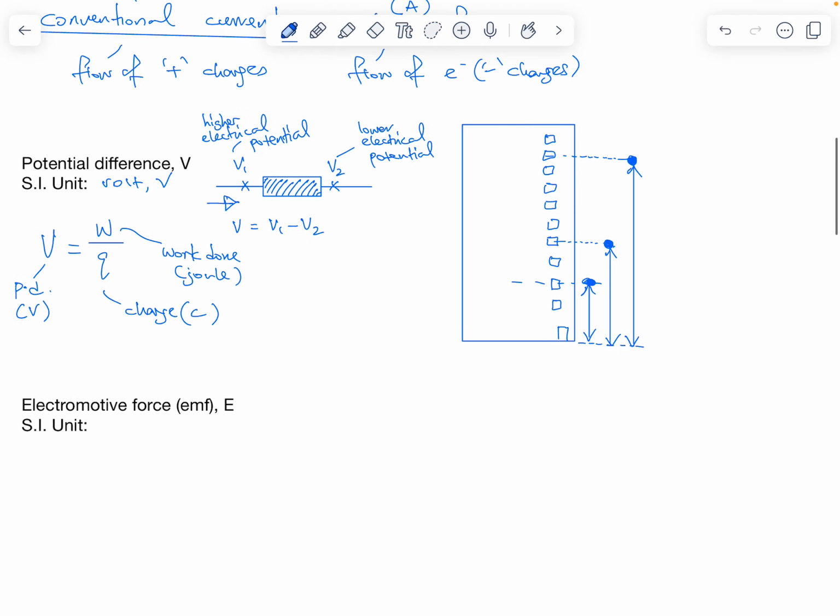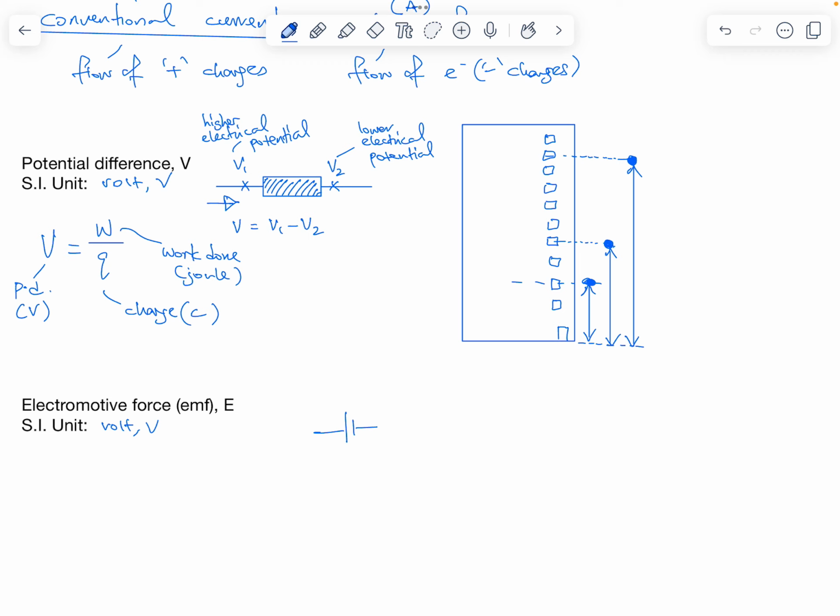Now, there is the next part on electromotive force, E. Now, what is this electromotive force? It is actually very similar to the concept of potential difference. SI unit is also volt, but EMF, E, specifically refers to the driving force of a circuit.